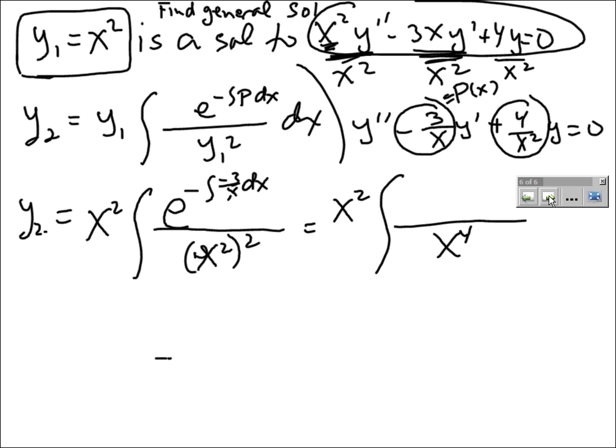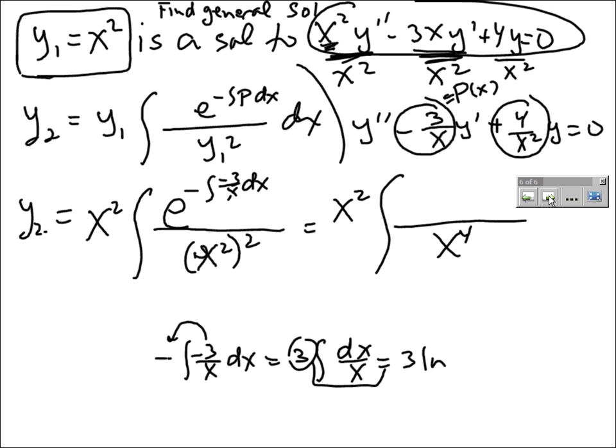Now, negative the integral of negative 3 over x dx. If I factor out the negative 3, I'll just have 3, and I'll have dx over x. The 3 times that, which is 3 ln of x, which is ln of x cubed.